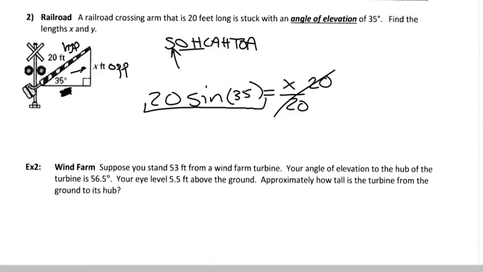Second trig. 20 times sine of 35, and that gives me 11.5 approximately feet.